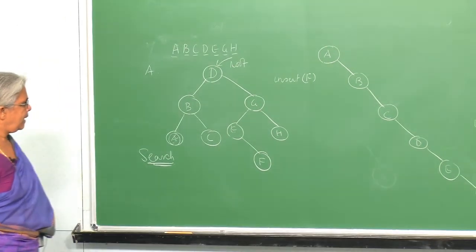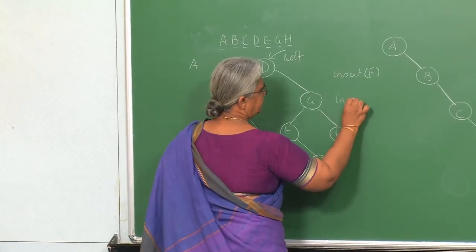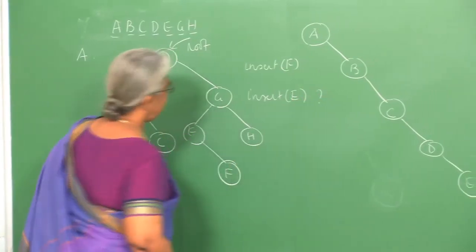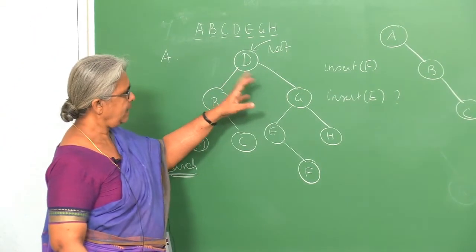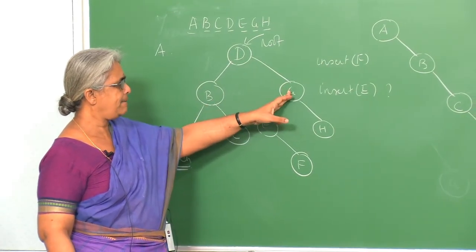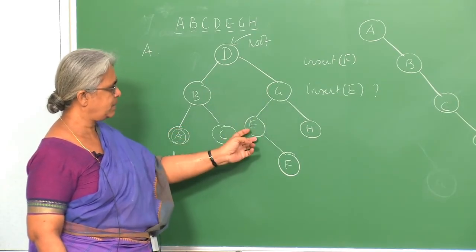Now, suppose I wanted to insert E, can this be done? I compare E with D, again starting from the root. Clearly E is larger than D, therefore go down the right subtree. I compare with G. G is larger than E, therefore I go down its left subtree.